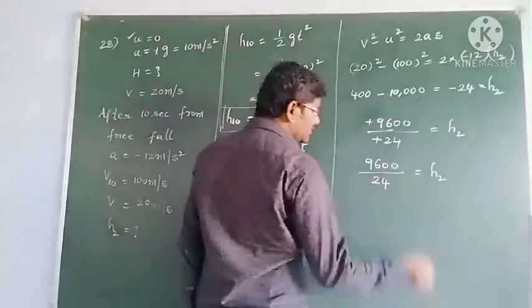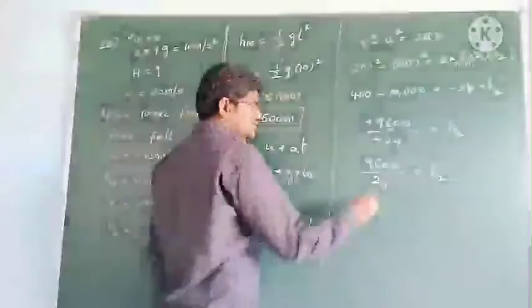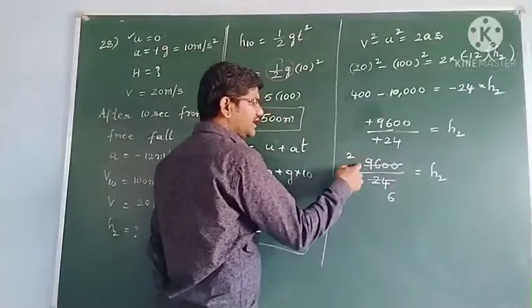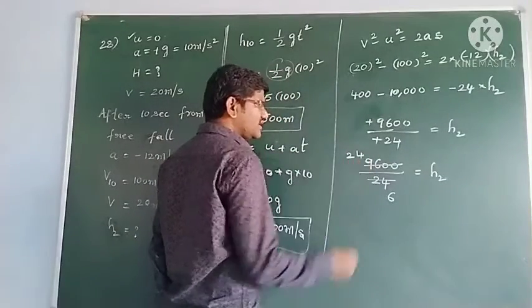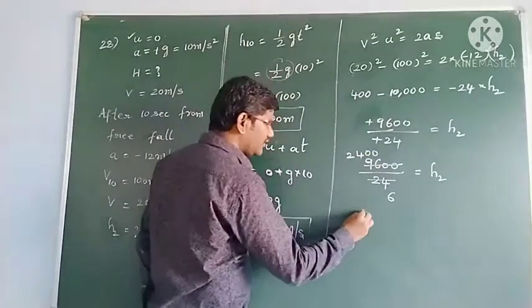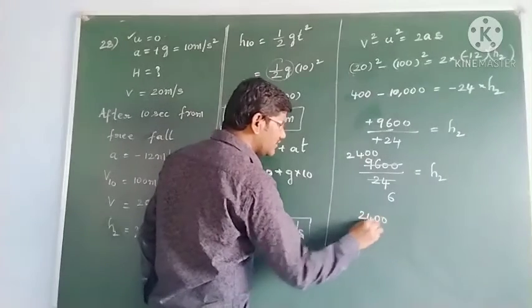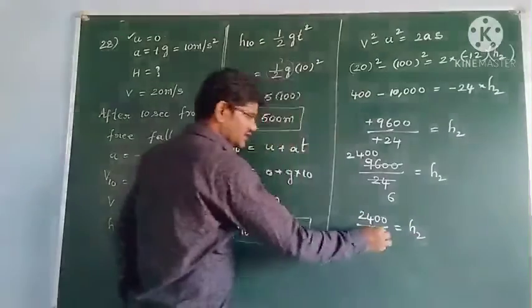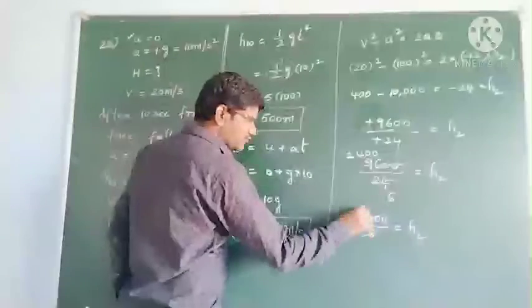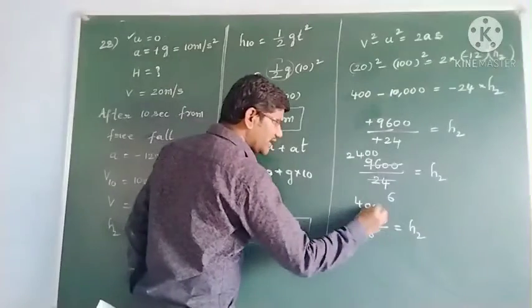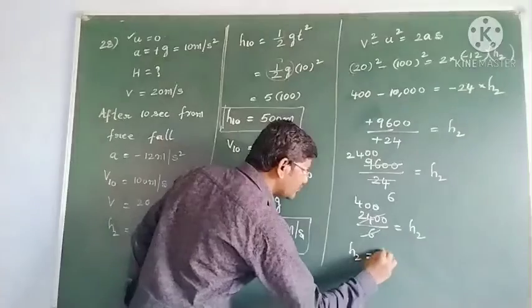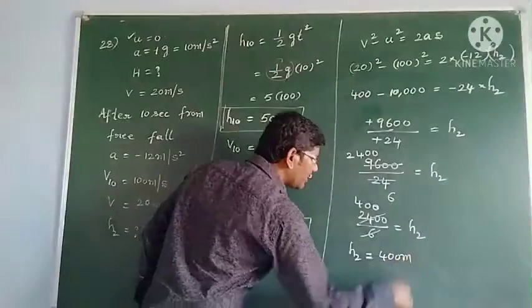Then 4 6s are 24, 4 2s are 8, 4 4s are 16. So we have 2,400 by 6, that is equal to h2. Then 6 4s are 24. So we are getting the h2 value as 400 meters.